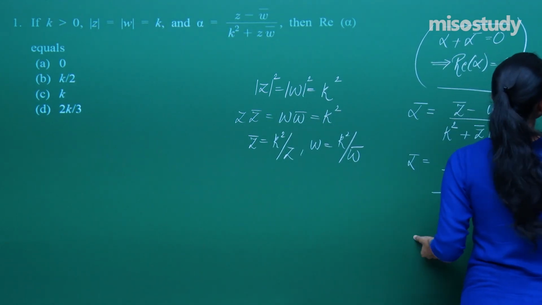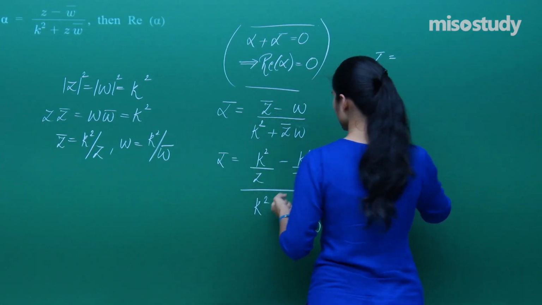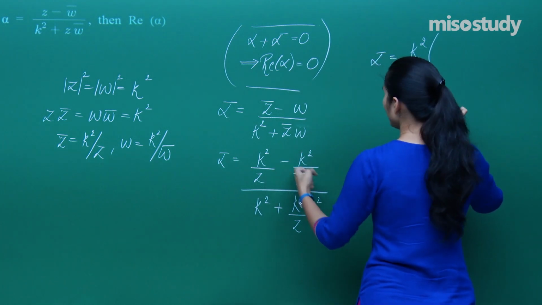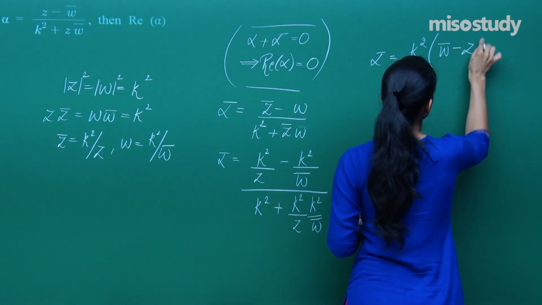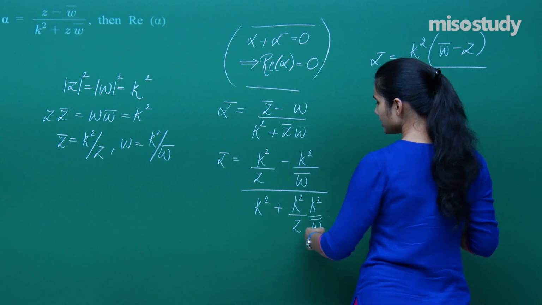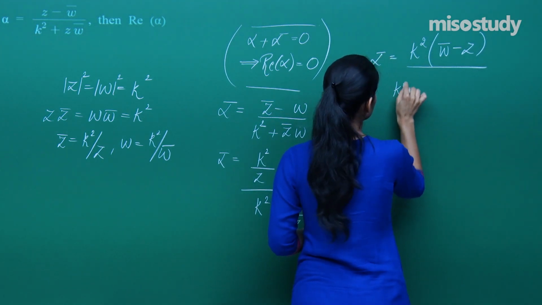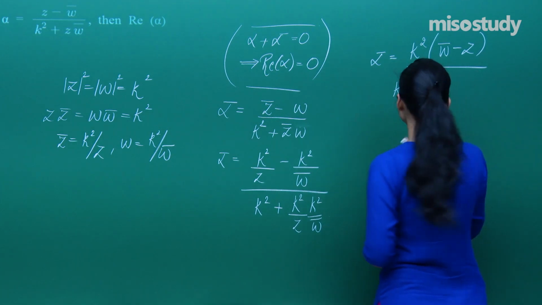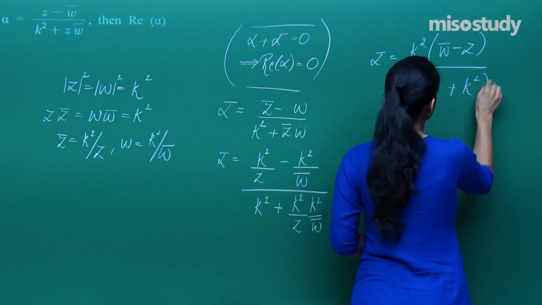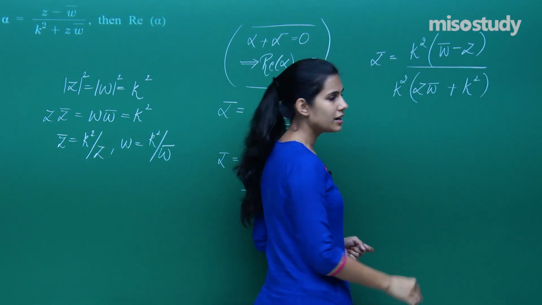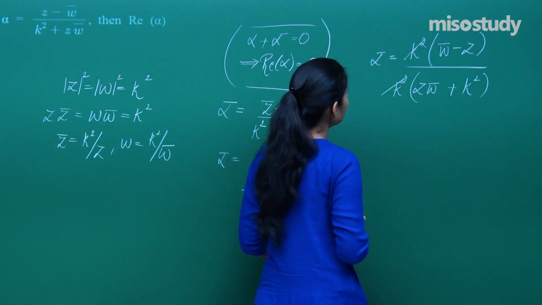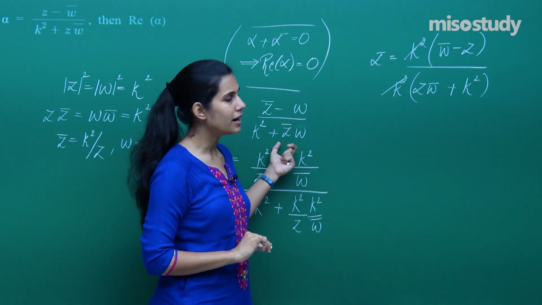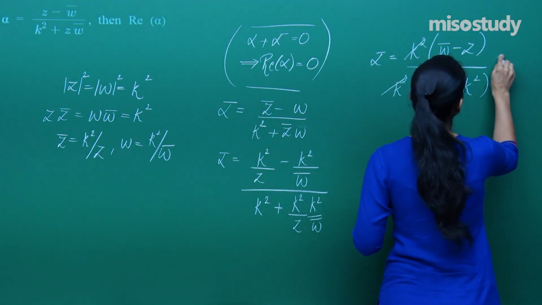Simplify this, what do you get is alpha bar is K square common, W bar minus Z, whole upon, again you can see, K square ZW bar plus K square into K square. So K square can come out common and this is what you have.